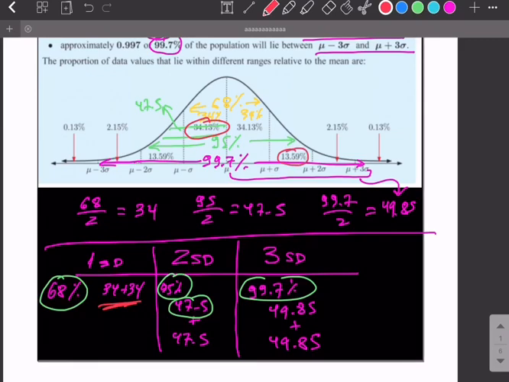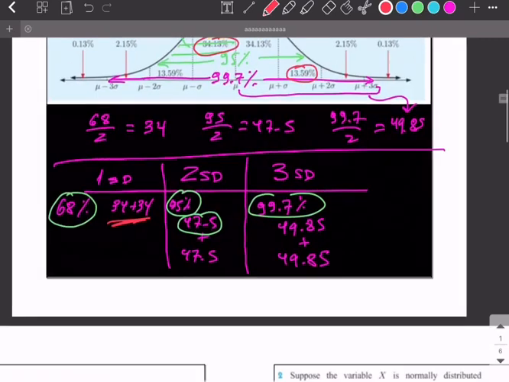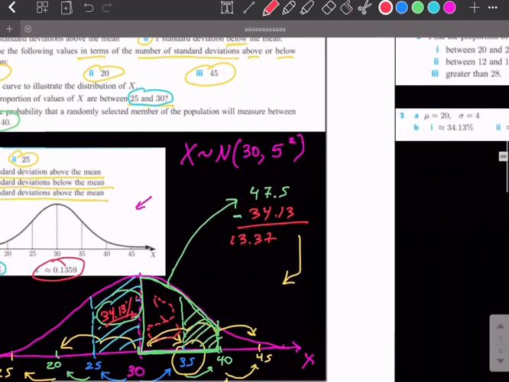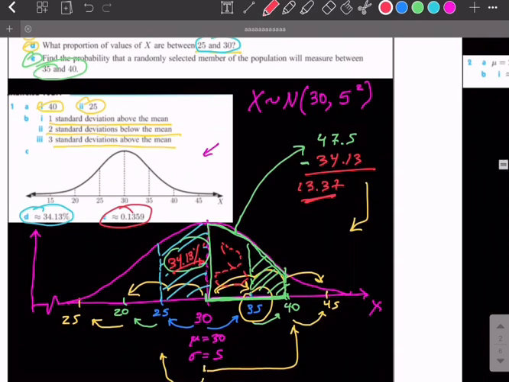But for the IB, I think the IB would expect you to answer this one, because you know the 47.5, which is half of 95, and then you know the 34. So actually, let me correct that, make it even better.